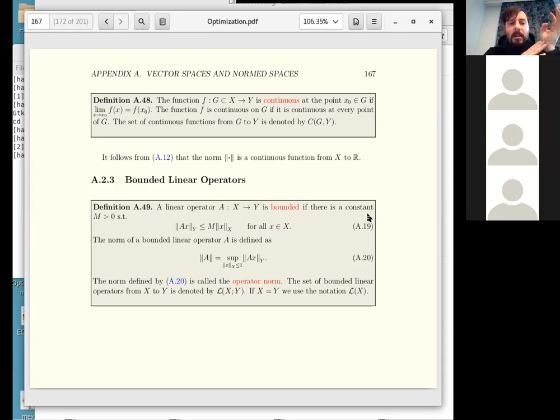You can define it in various ways, but one way is to take the supremum over all the vectors of length 1 or shorter, apply that linear operator to them, and see how big that vector becomes.